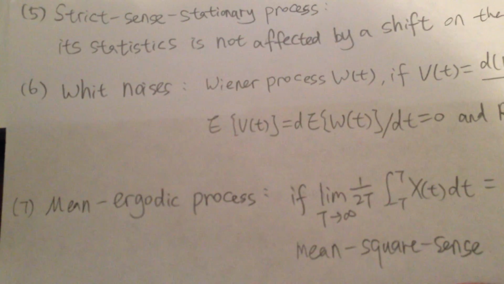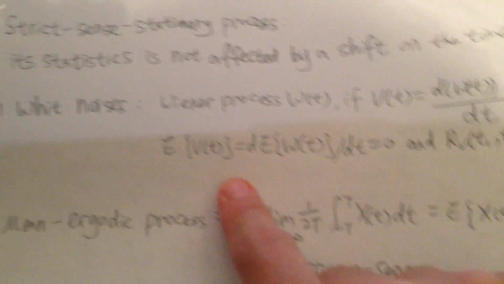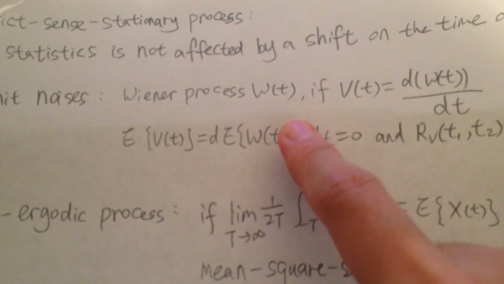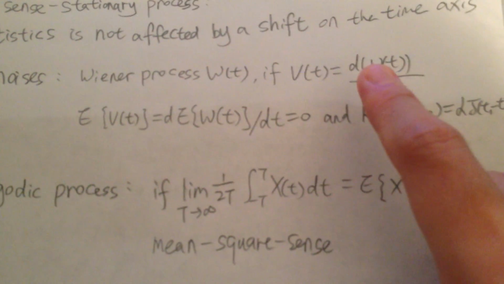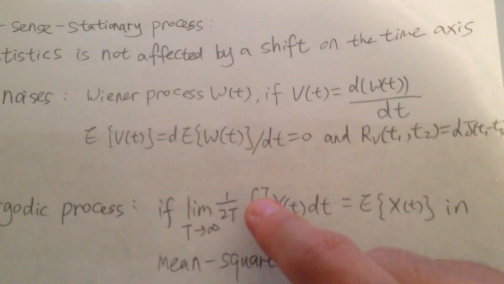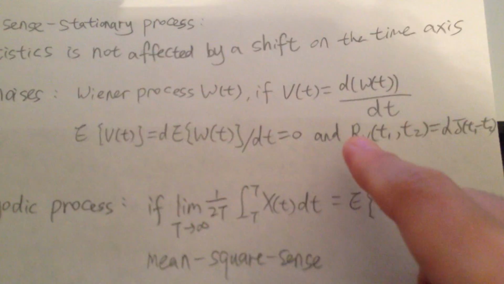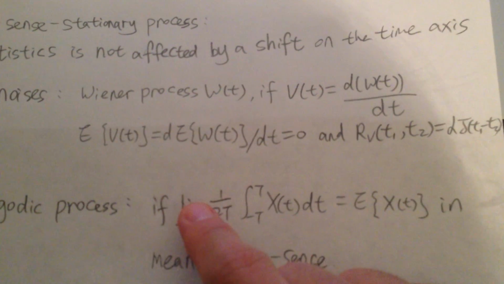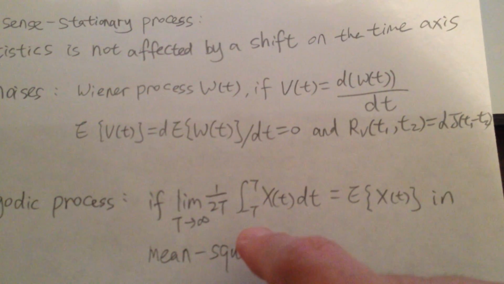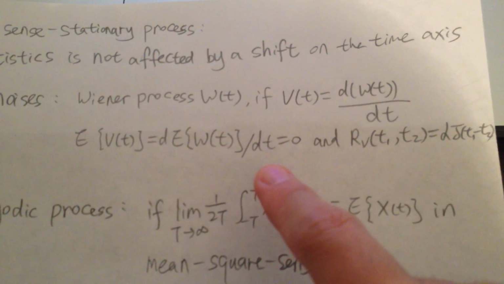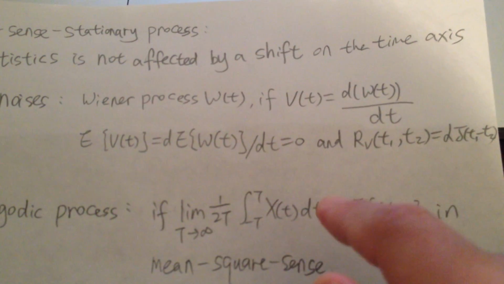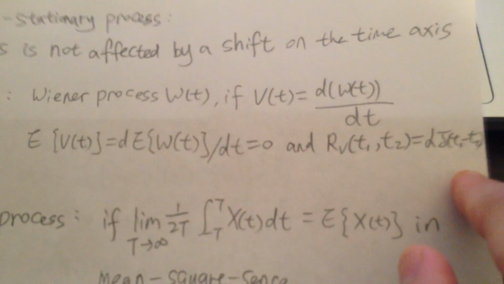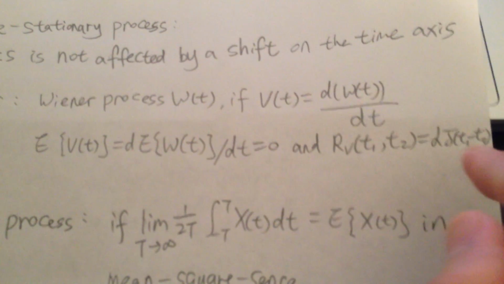The sixth process is white noise. For this process, for the Wiener process W(t), if we wish to discuss its derivative, Y(t) equals the derivative of W(t) with respect to t, we have the expectation of Y(t) equals the derivative of the expectation of W(t) with respect to t, which equals 0, and the correlation of t1 and t2 equals alpha times delta(t1 minus t2).